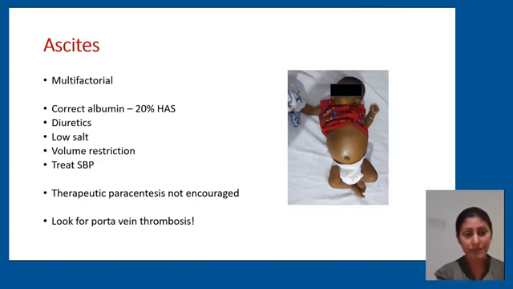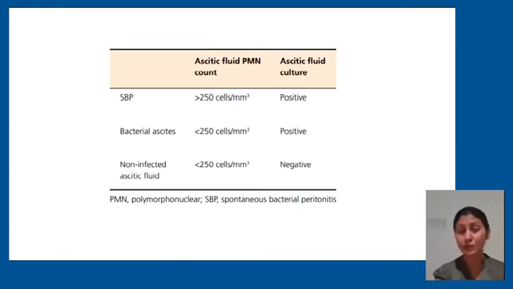There's a place for low salt diet in older children, as well as volume restriction. But the main message is we do not do therapeutic paracentesis unless gross ascites impairs respiration. You might do a diagnostic peritoneal tap if you suspect spontaneous bacterial peritonitis.